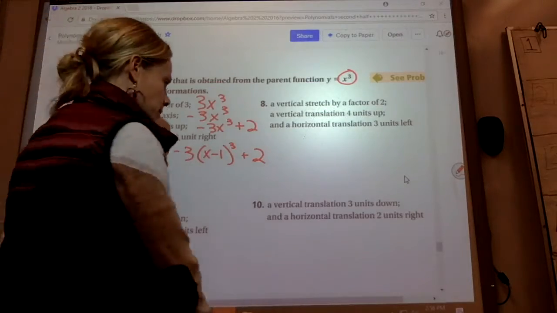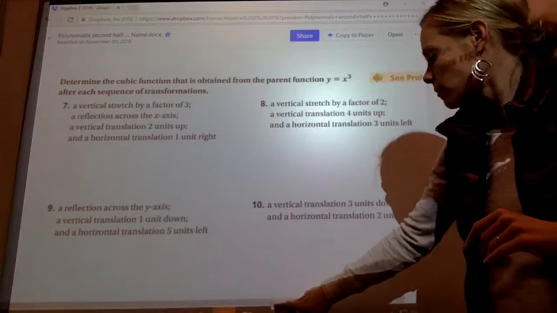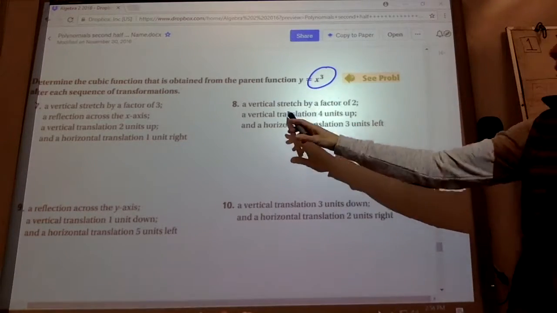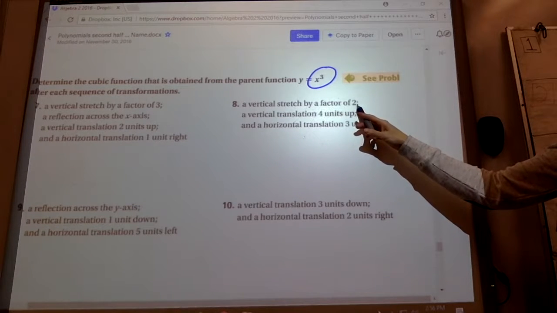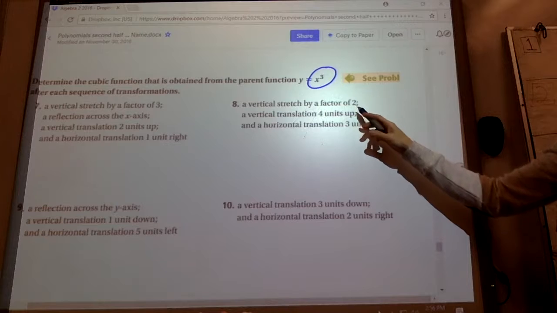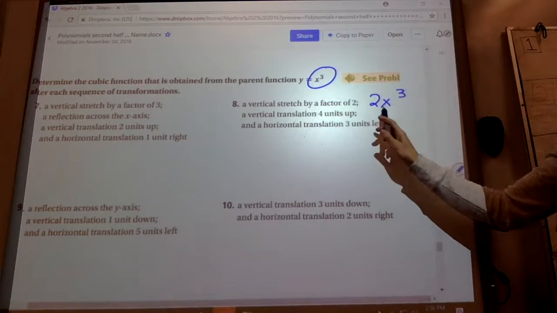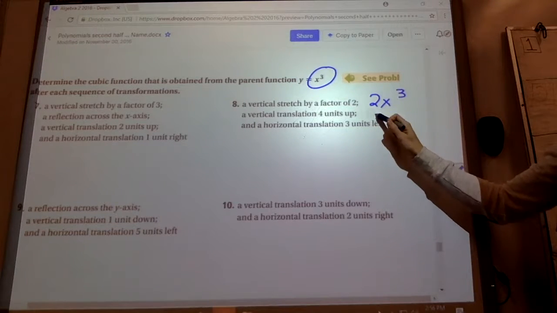Okay, let's try another one. So again, I have x cubed, and now I want to do a vertical stretch by 2. So what do I do with the x cubed? Multiply by 2. Very good. And then I want to go 4 units up. So now I take this 2x cubed and I do what? Add 4.